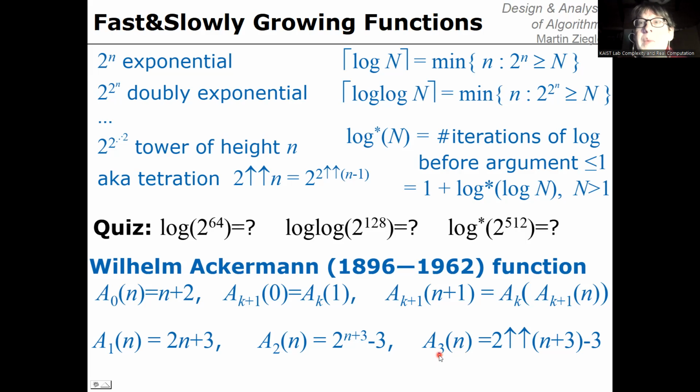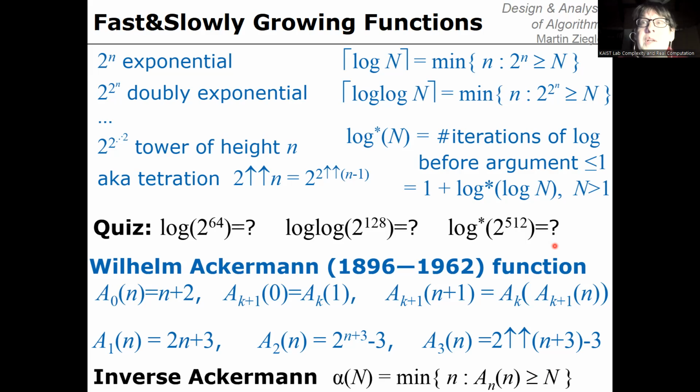And you can imagine how fast growing a function that is, right? So we kind of gear up both parts, the level and the argument. Now that's a function of only one argument, and it grows faster than any fixed level in Ackermann's hierarchy. That's a highly fast-growing function.